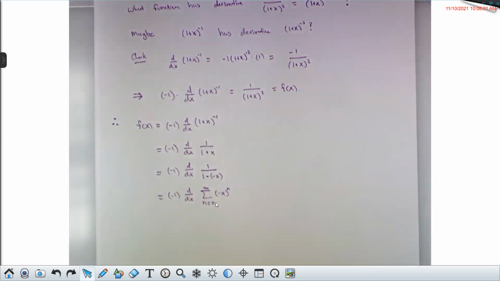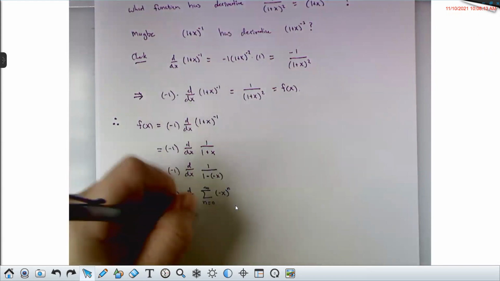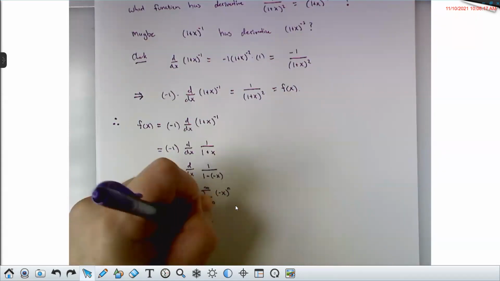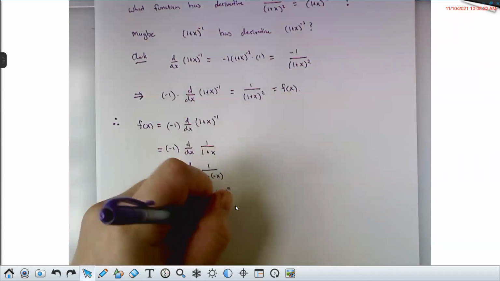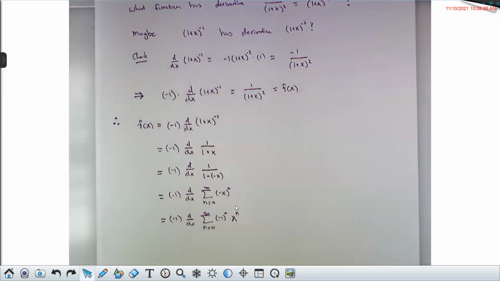Technically, you could do it with the chain rule, but my advice is to always clean up a power series before you integrate or differentiate it. Always. By clean it up, I mean write it in that standard form for a power series. So this is -1 d/dx of the sum from n equals 0 to infinity of (-1)^n x^n.